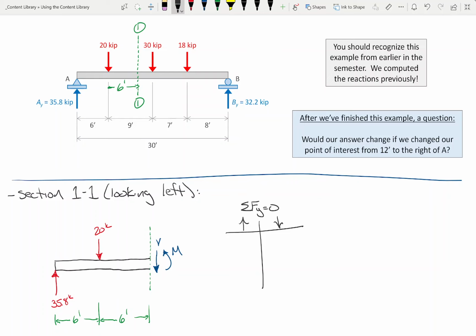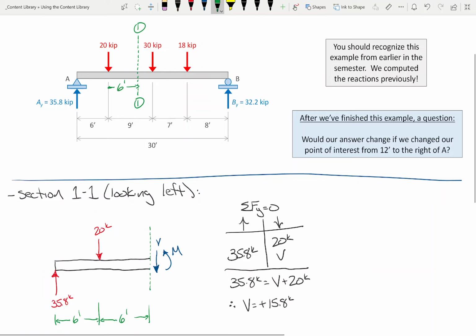Going down, we have 20 and V. So I think I can do that one in my head, and V is 15.8 kips.